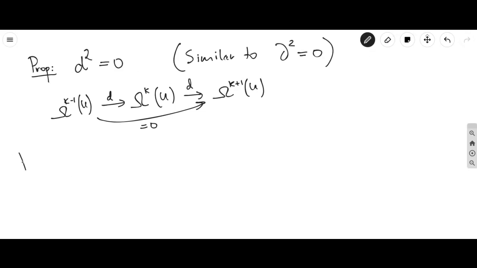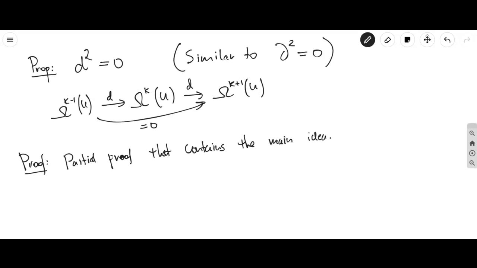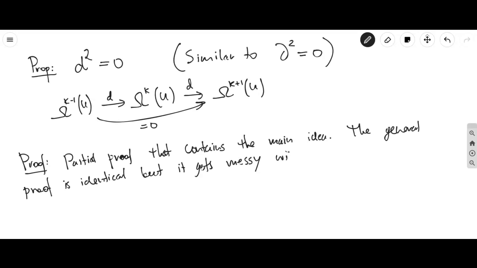The proof of this is actually quite simple. I'm going to give you a partial proof that contains the main idea. The general proof is identical, but it gets messy with indices.